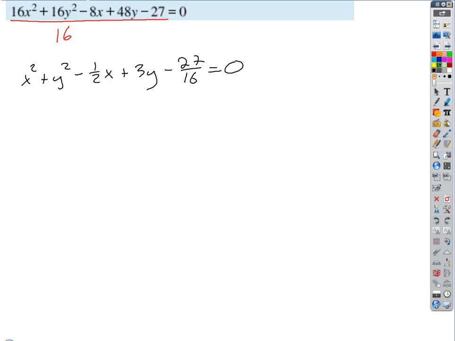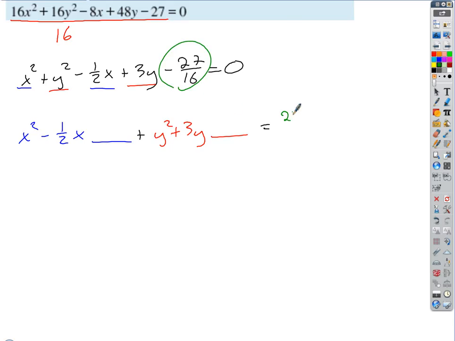So we'll collect the x terms together, x squared minus 1/2 x, plus collect the y terms together, y squared plus 3y, equals, and we'll add the 27/16 over to the other side.